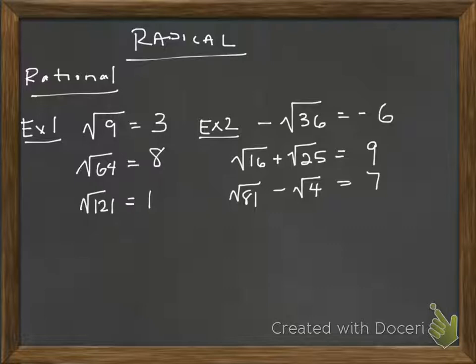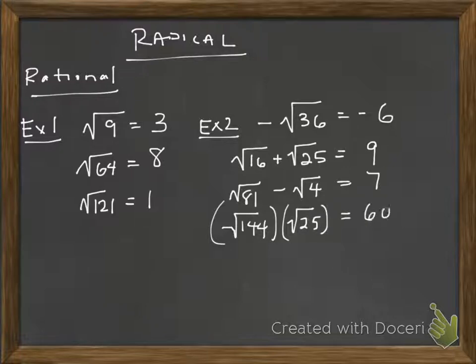You could also do the square root of 144 times the square root of 25, and you get 60.